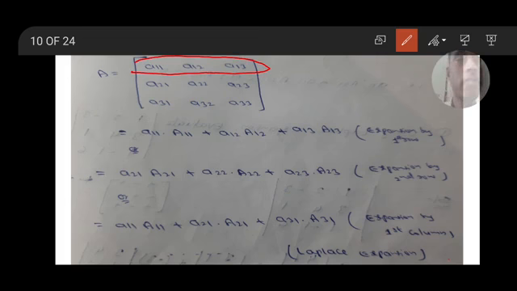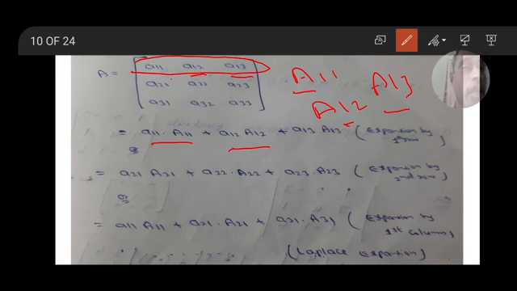First row elements are a11, a12, a13, and their cofactors are capital A11, capital A12, capital A13. The products are a11 into capital A11, a12 into capital A12, and a13 into capital A13, added. This is the expansion by the first row.